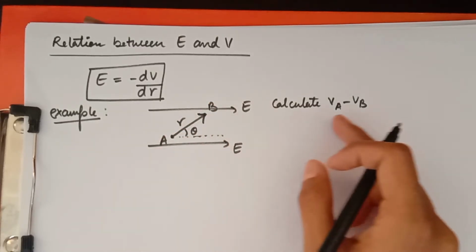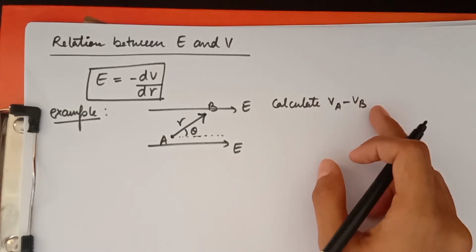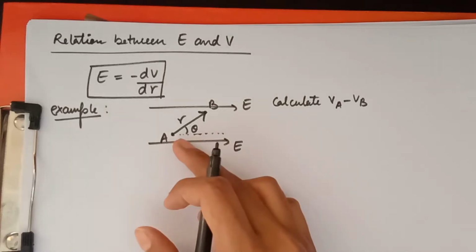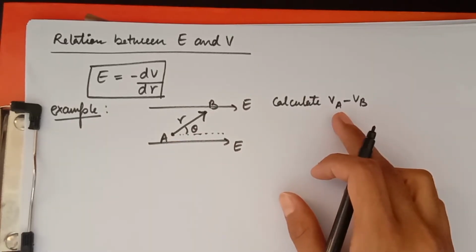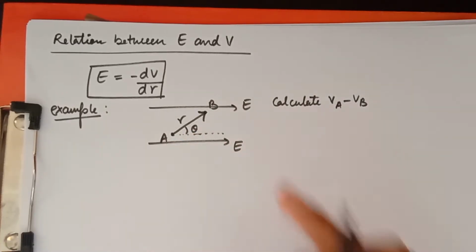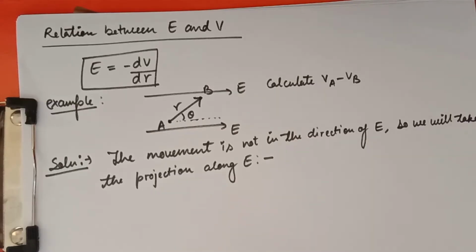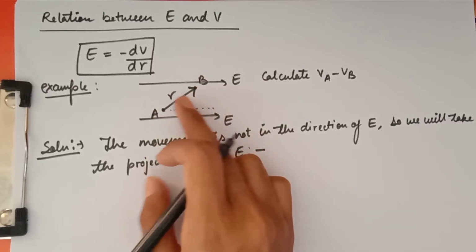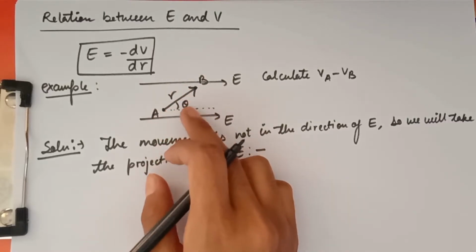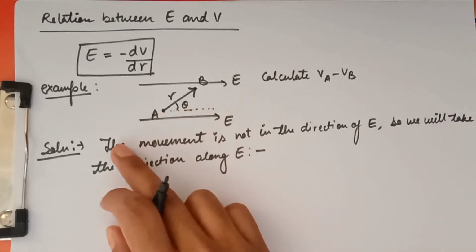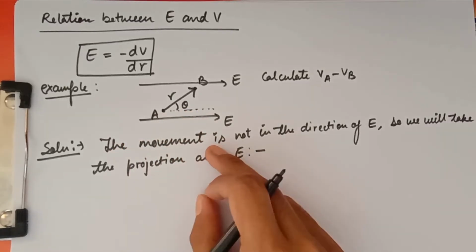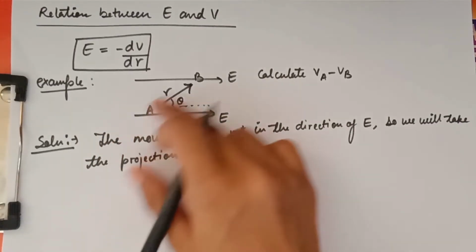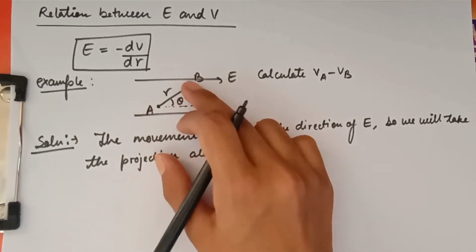You need to calculate VA minus VB. So the question is asking what will be the work done, or what will be the potential difference between A and B. As you can see from the figure, there is an angle of theta degrees between E and the displacement vector. As the movement is not in the direction of E, E is in this direction and we are moving the charge in this way.